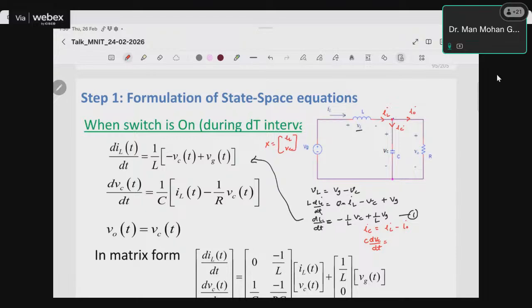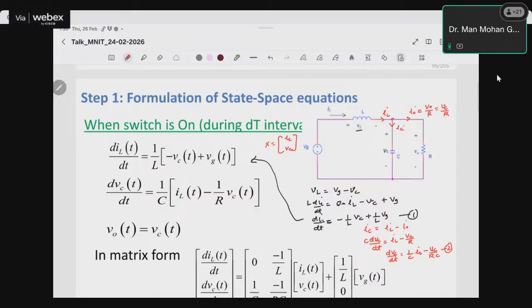I naught is equal to V naught upon R, but I want it in the form of Vc, so it is Vc upon R. So C dVc by dt is equal to IL minus Vc upon R, that is dVc by dt equals 1 by C IL minus Vc upon RC. This is our equation 2.